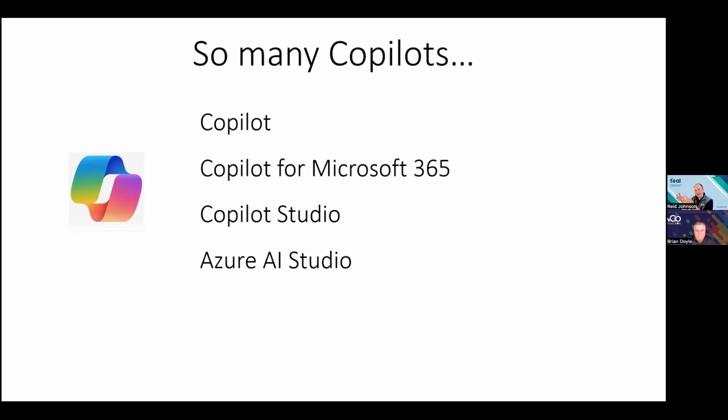So you can bring that data in and then publish it into Copilot Studio that we just talked about, and then expose it to your team members and your clients and vendors through Teams and the website and so on. So lots of Copilots. We're gonna spend most of our time today talking about Copilot for 365.